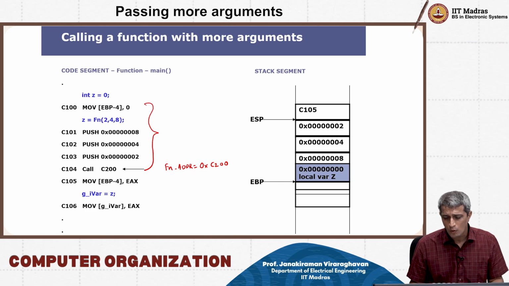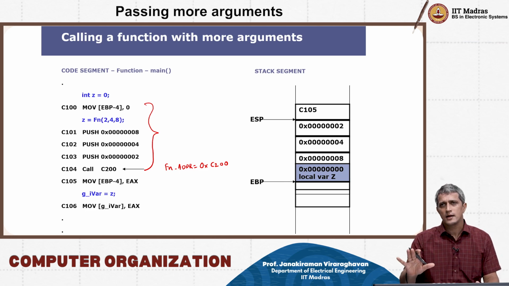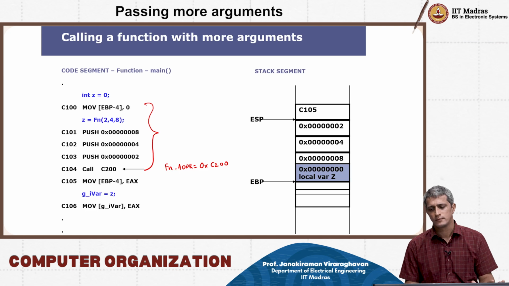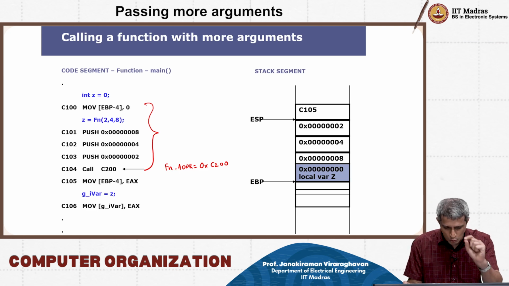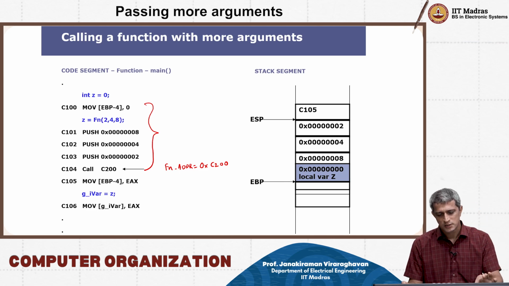Now the stack picture is shown on the right at the point when the call C200 is executed. C104 is where the call instruction resides in the code segment.